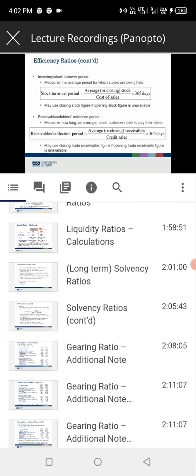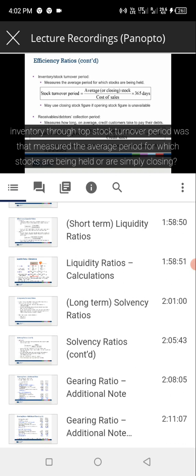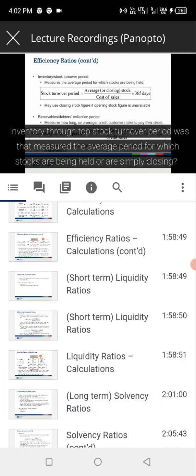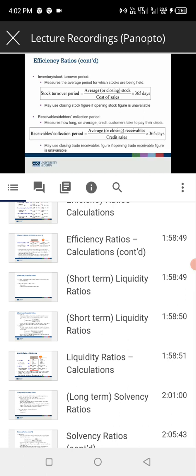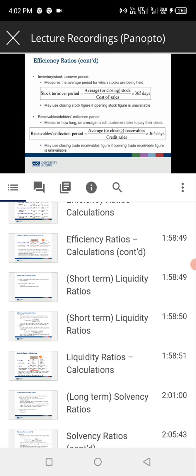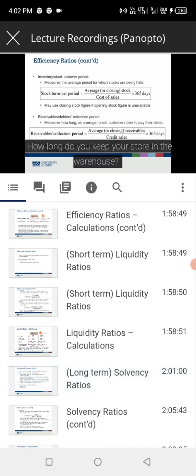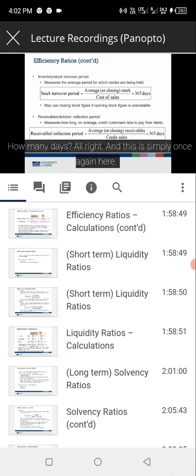Efficiency ratios. Inventory stock turnover period, we said, measures the average period for which stocks are being held. It simply tells you how long it takes for you to sell your stocks. How long do you keep your stock in the warehouse? How many days?